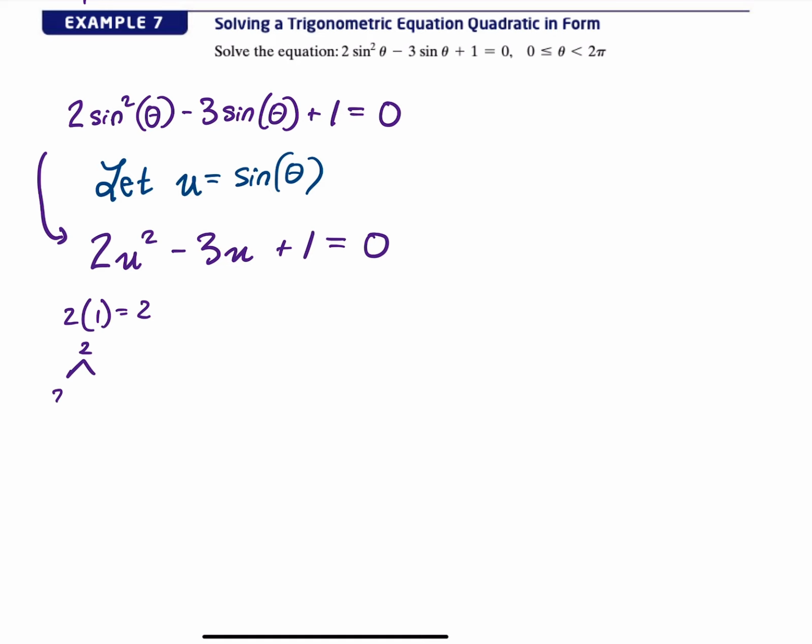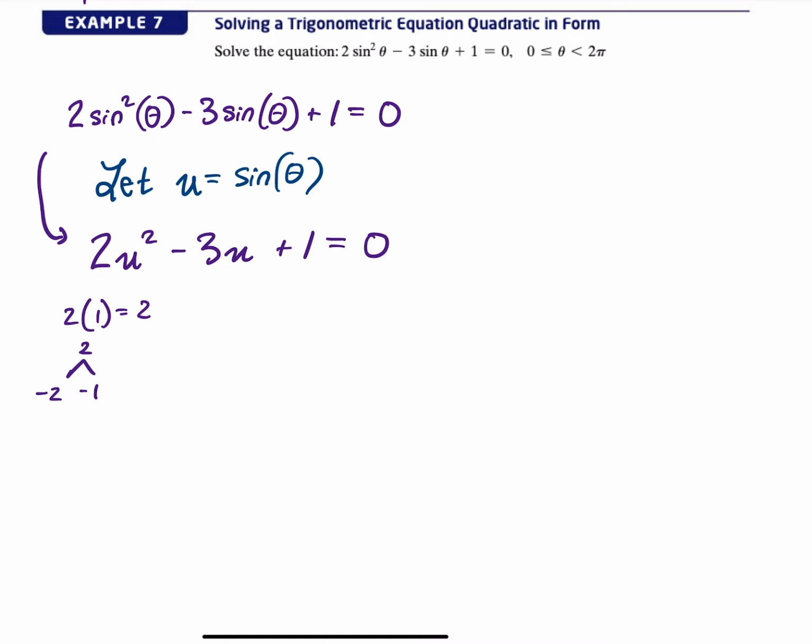Oh no, I'm sorry, I said that a little bit wrong. I need two numbers that multiply to equal this number. So two factors of 2 that add up to my middle term of negative 3. Well, that would be negative 2 and negative 1.